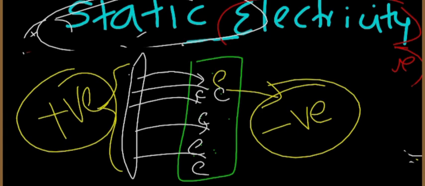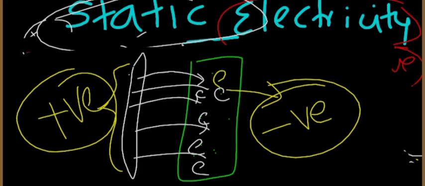So children, I hope you got the idea behind static electricity. Static electricity means the charges remain at the same place on that body. That is static electricity, produced by electrification of the object.